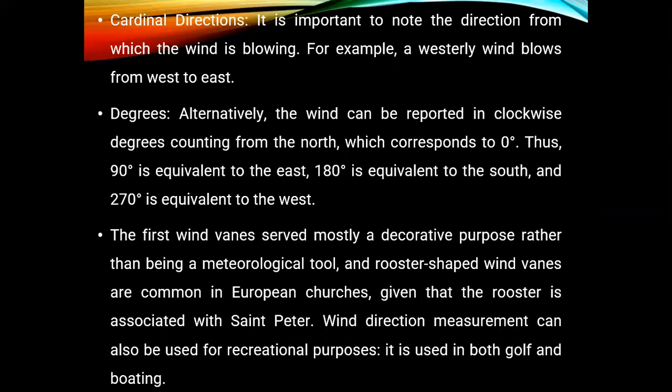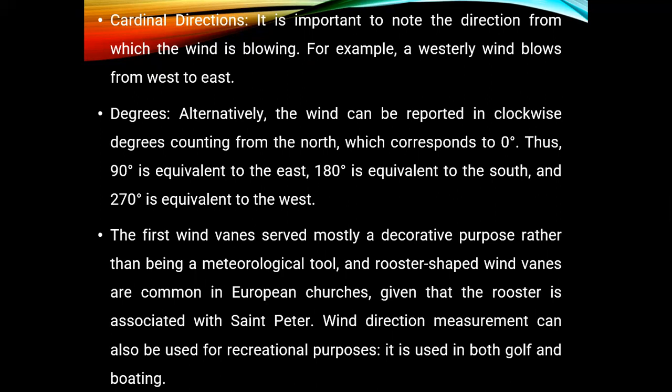Cardinal directions. It is important to note the direction from which the wind is blowing. For example, a westerly wind blows from west to east. Degrees.